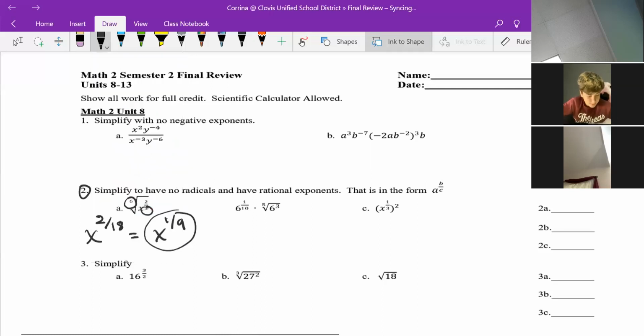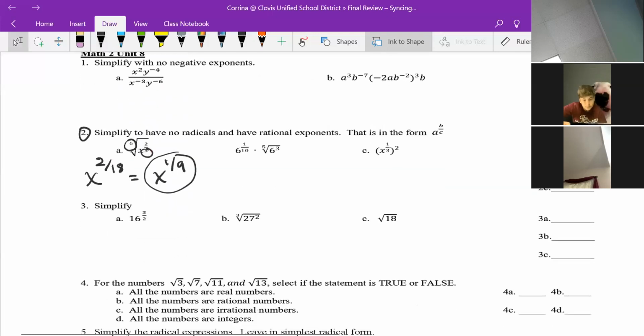Any others from this page? Yeah, 3A. Okay, so for 3A, this is the one where you rewrite it like this. You tell me, Cooper, what would go right here in the index, the 2 or the 3? Wait, in the little pocket? Yeah. The 2? And the power would be a 3. 3.